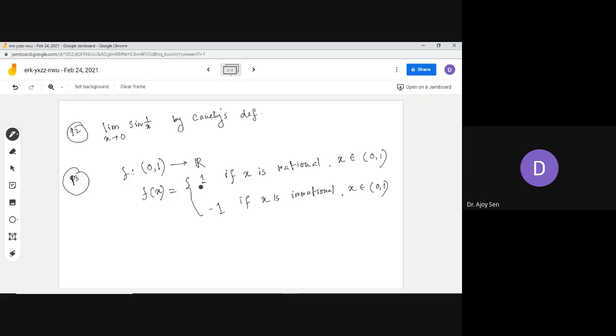I am telling you again, the value of the function f is 1 whenever x is rational, and -1 whenever x is irrational. I can assure you that you will not be able to draw the graph, or if you try to draw the graph, it will not be possible.